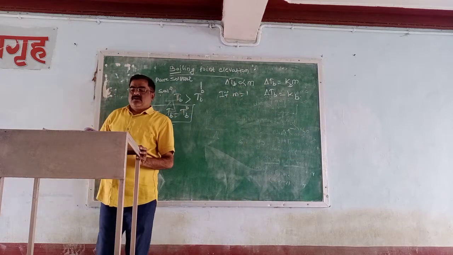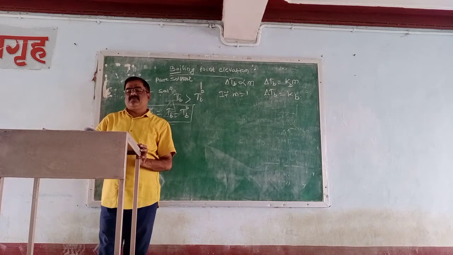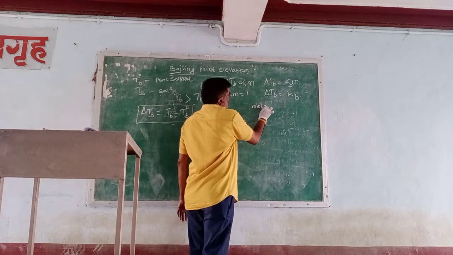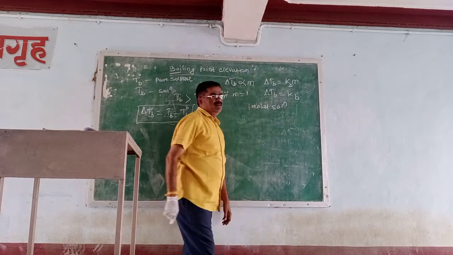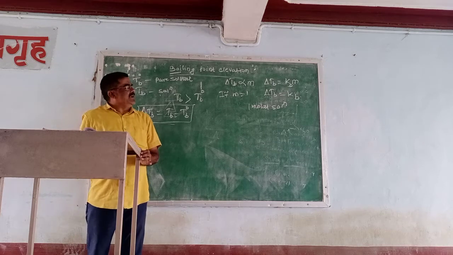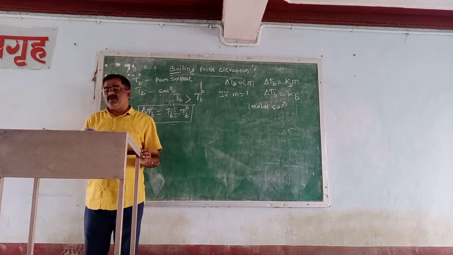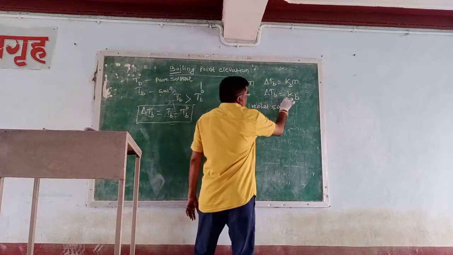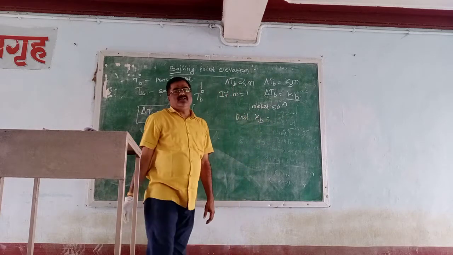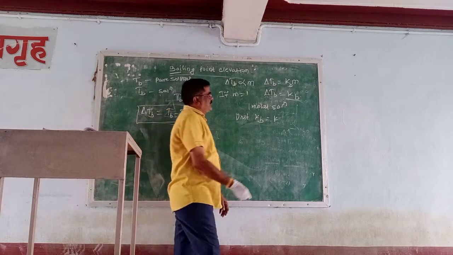Then the ebullioscopic constant is the boiling point elevation produced by a 1 molal solution. The unit of this boiling point elevation constant, that is Kb, is Kelvin kg per mole.